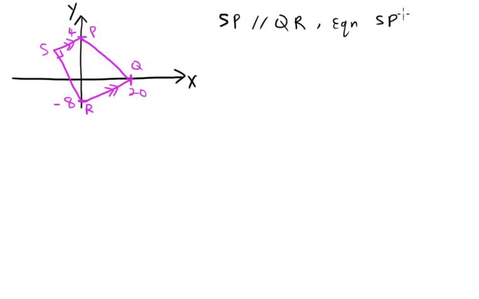Let's recall, if you want to find an equation, what do you need? How many items do you need to gather? Could you recall? 2, right? One is the gradient. The other one is any point on the line. Do you have the gradient for SP now?